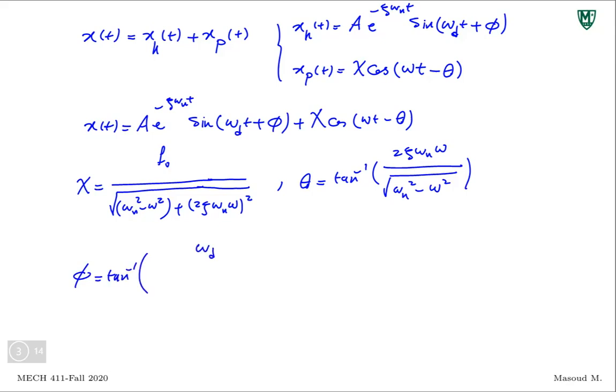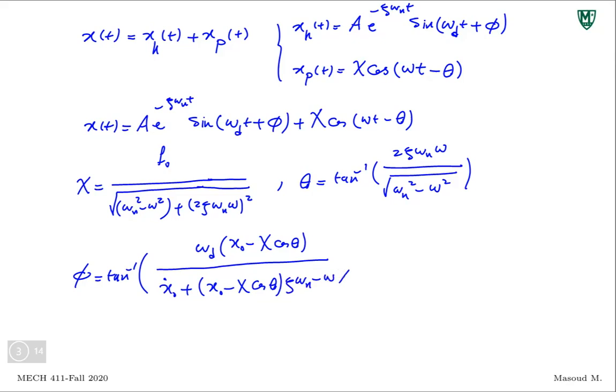Omega d, I have to check that. X naught being initial displacement, minus X cosine theta, the whole thing divided by x dot naught plus x naught minus X cosine theta multiplied by zeta omega n minus omega X sine theta.